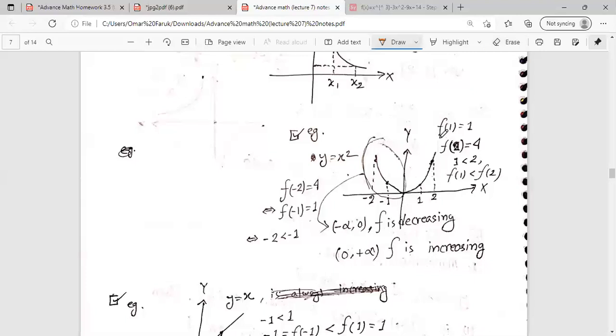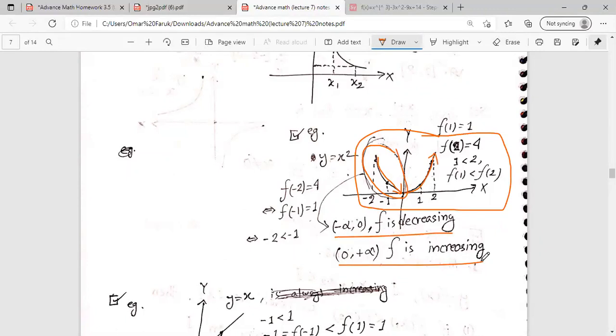So guys, can you identify some increasing and decreasing intervals inside of this graph? You see from minus infinity to 0, this function is decreasing, right? And then from 0 to plus infinity, this function is increasing. Okay? So this function is y equal to x square.